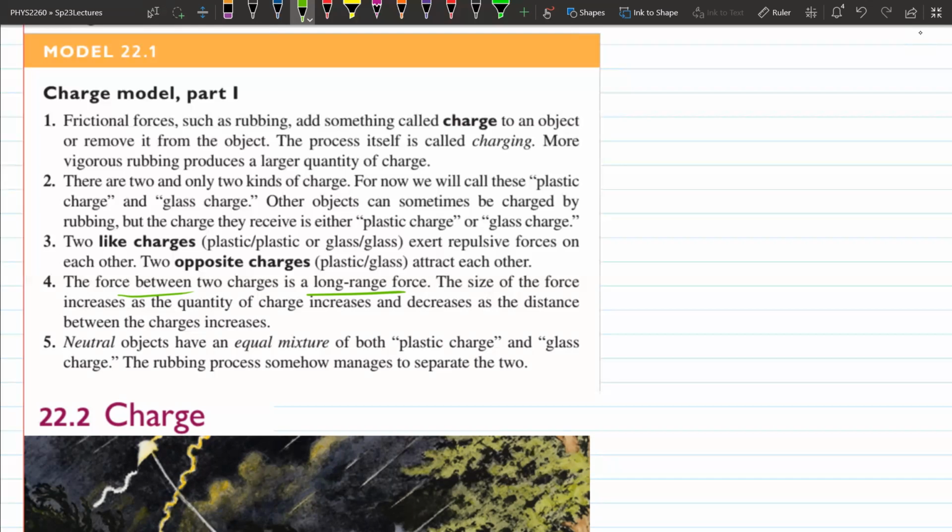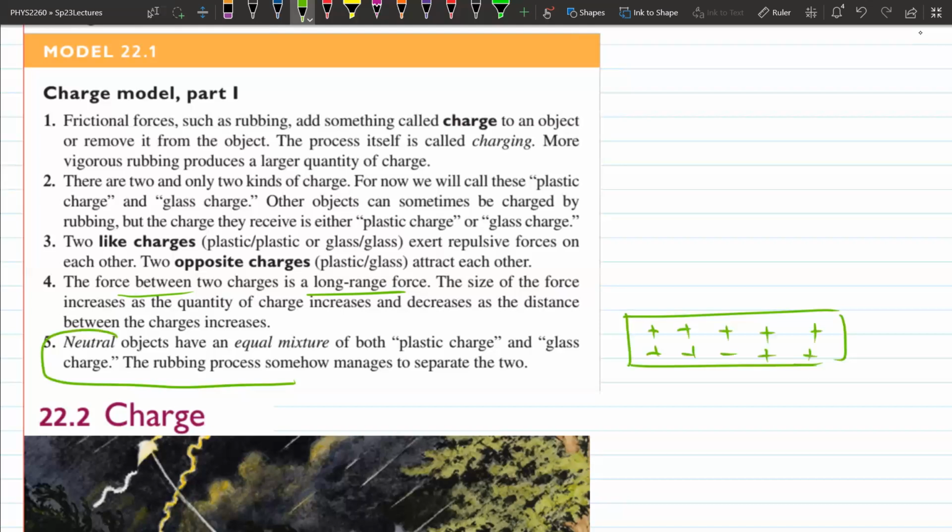There are also neutral objects, the last thing here. Neutral objects are not neutral because they have no charges on them. The idea is that when a rod is neutral, it has the same number of positive and negative charges, so the whole thing is neutral.